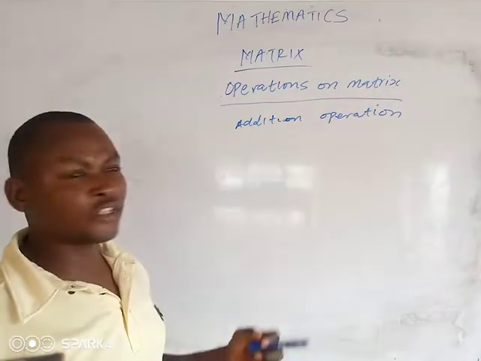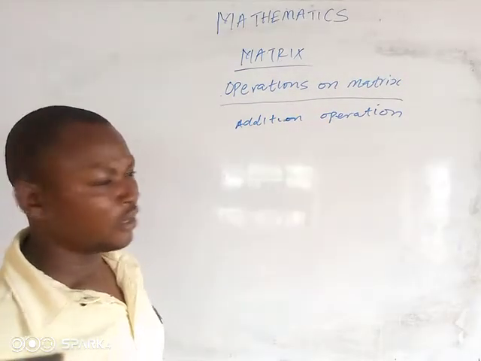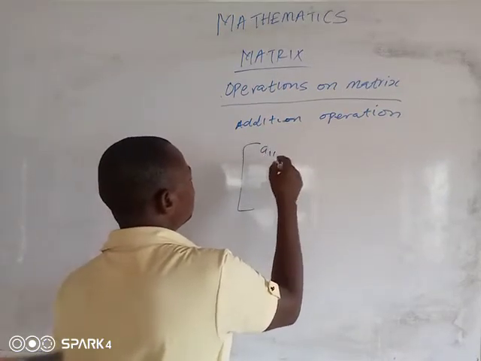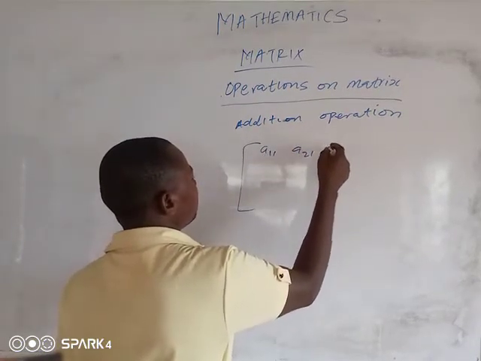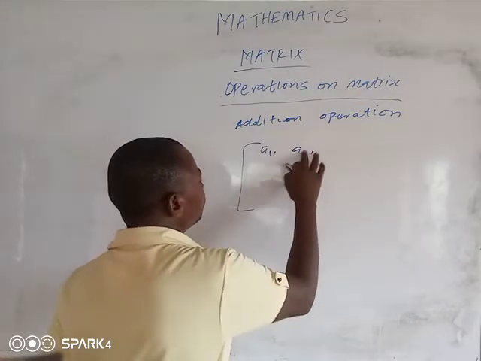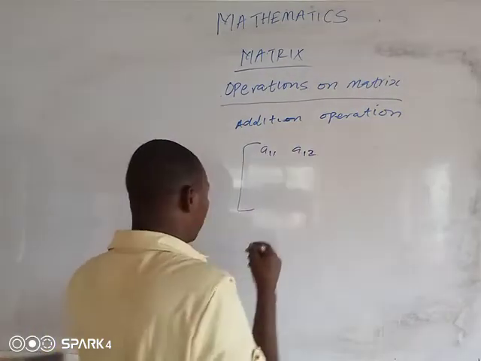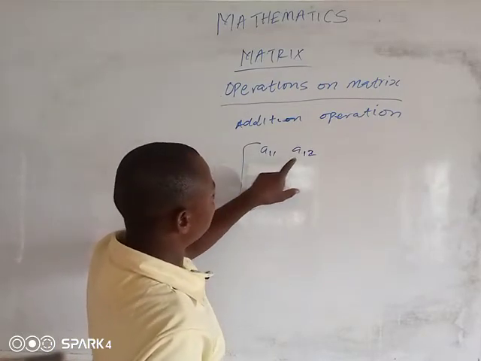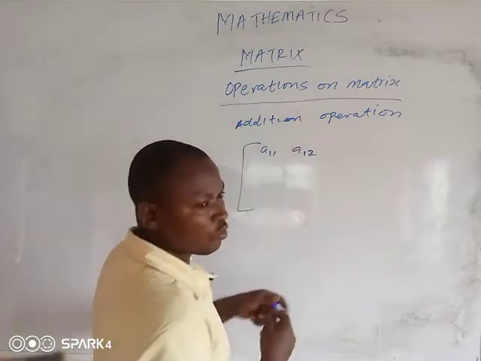how matrices are usually arranged. I said we have A11, A12. That means we are having the first row, first column. The first row, second column.